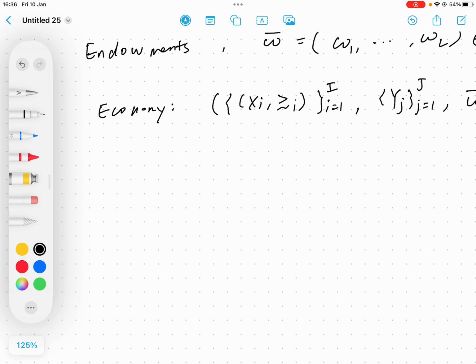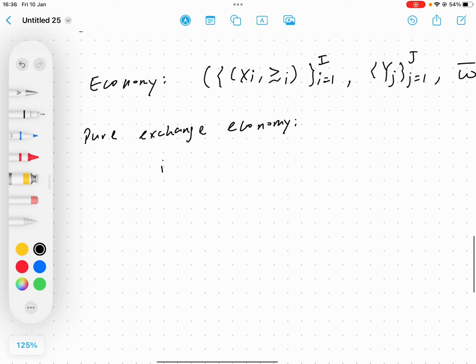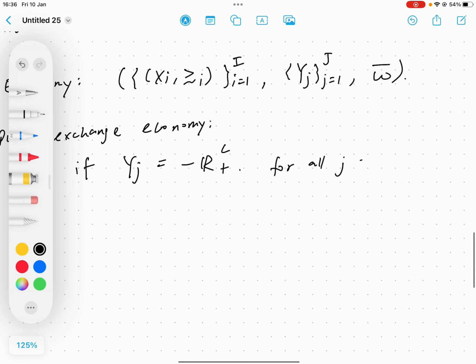And we can say that an economy is a pure exchange economy if its only technological possibility is that of free disposal, if Yj is minus R plus L, for all j from 1 up to J, where in this economy there's only pure exchange.